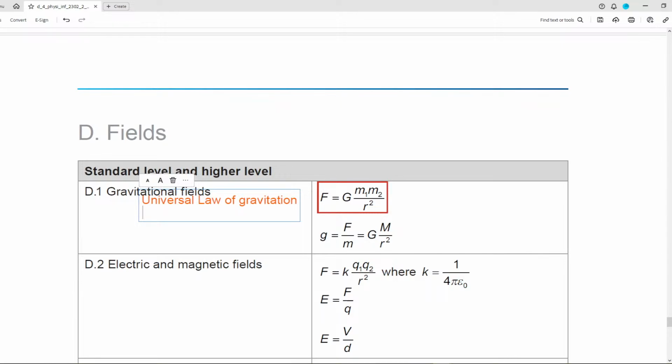So G, we call big G, is the gravitational constant. And you have two masses. Mass 1, mass 2 are masses. To make things simple, we usually think of one mass as a source, the one creating gravity, and one is experiencing gravity.